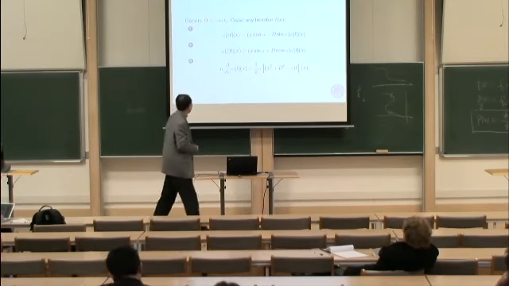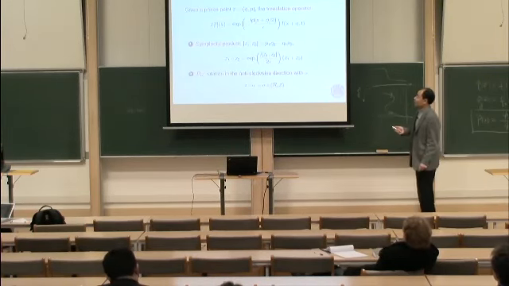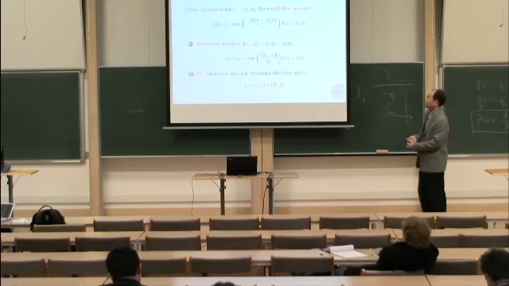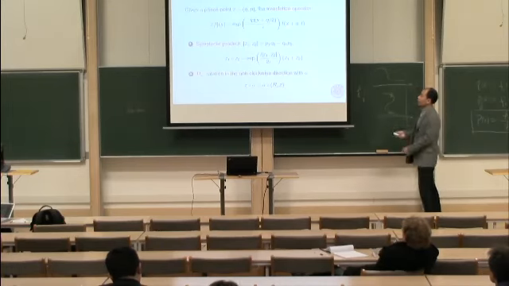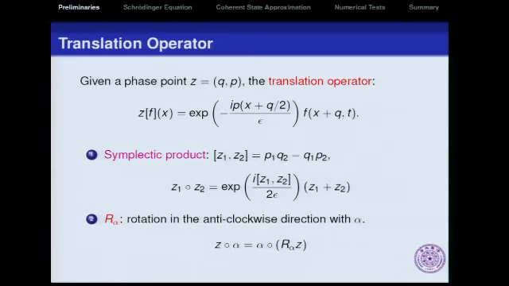Okay. And I would also like to introduce the so-called translation operator. You are given any phase point in the phase space, and the translation operator is defined like this. You just shift the origin to the point Q and to the point Z. This Z is in the phase space.